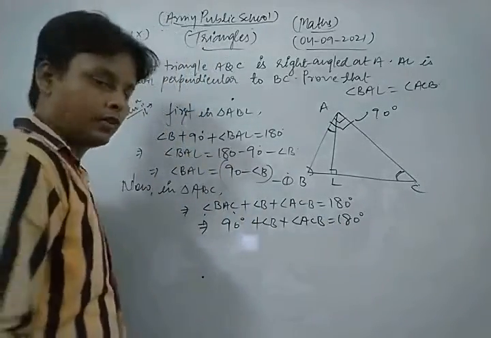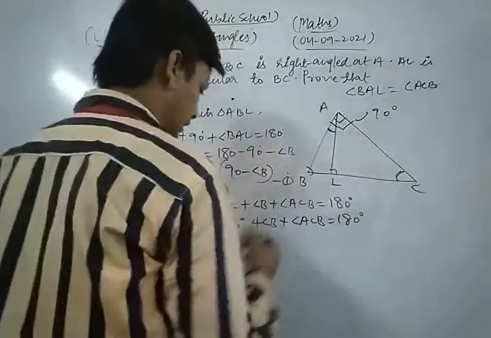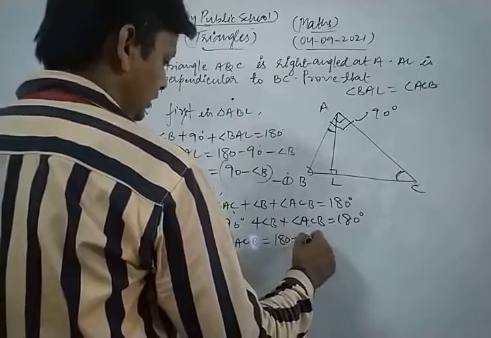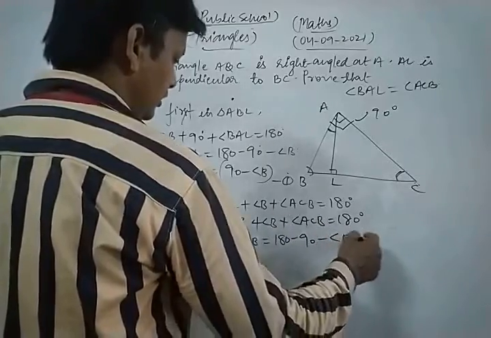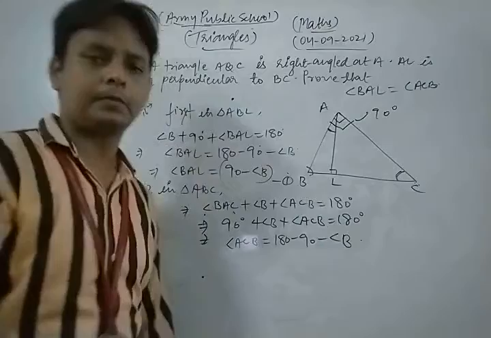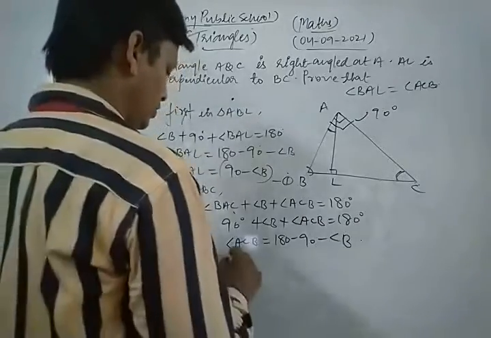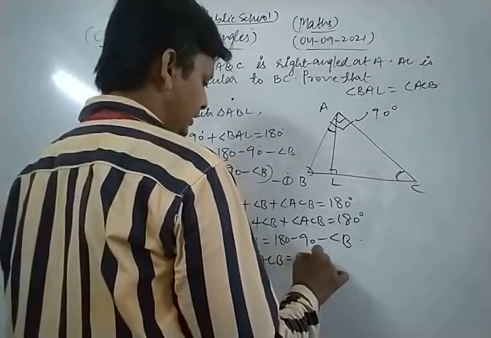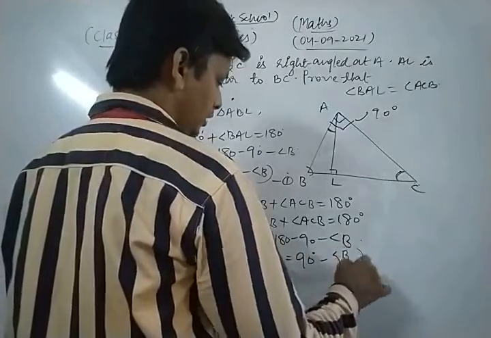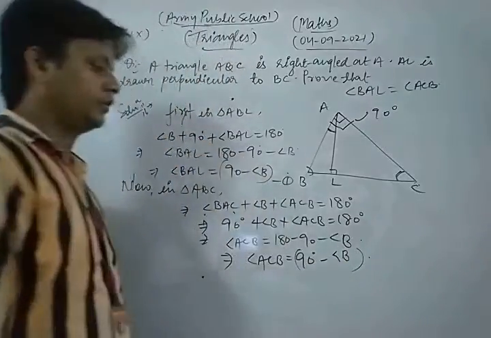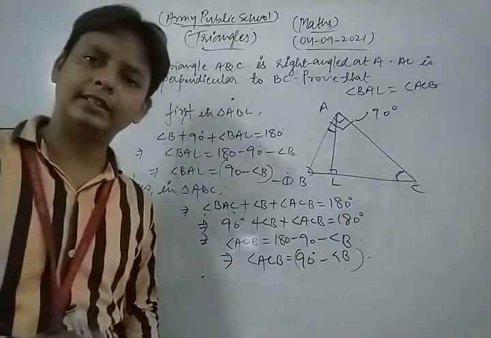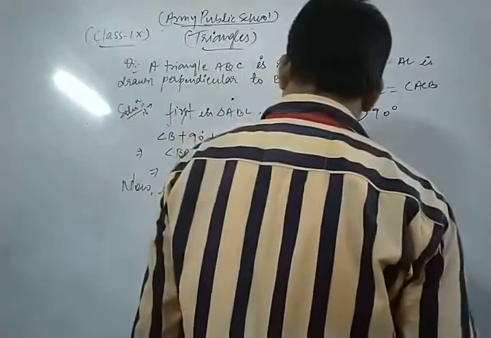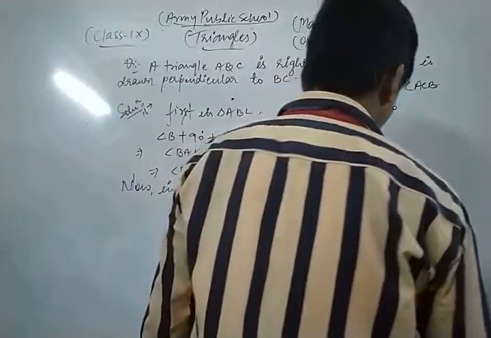Now we transfer these two terms to that side. So we have angle ACB is equal to 180 degree minus 90 degree minus angle B. Now angle ACB is equal to 180 minus 90, that is 90 degree minus angle B. We take this as equation number 2.